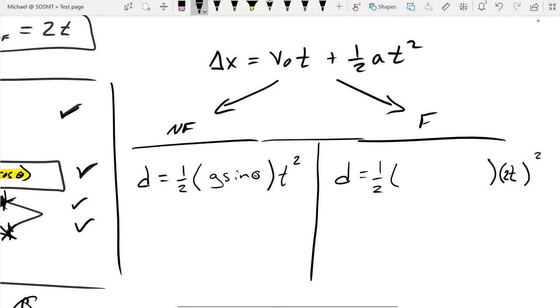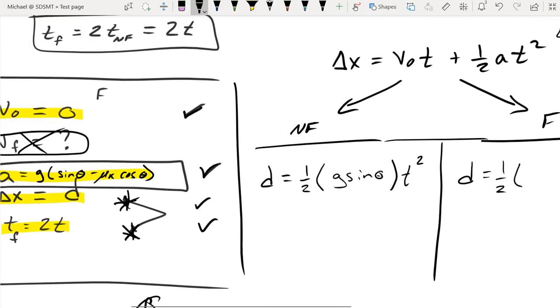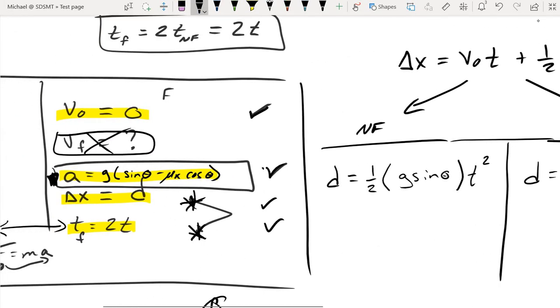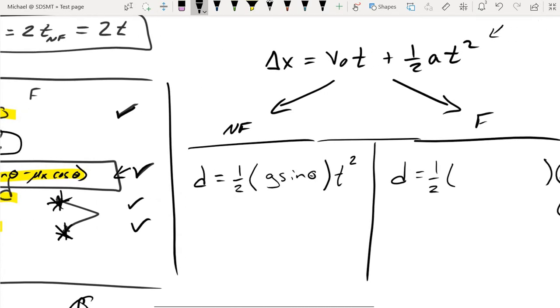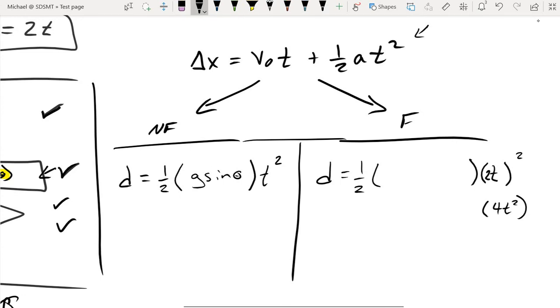And up here in our equation, that time value has to be squared, which means we're going to end up with 4t squared from that last parenthesis set. Inside the other parenthesis set is going to be our other acceleration value. That is the acceleration of the friction slide. So that was g sine theta minus mu k cosine theta.